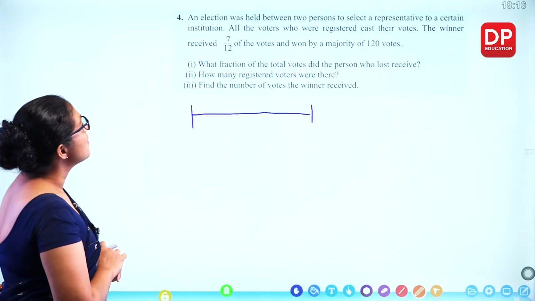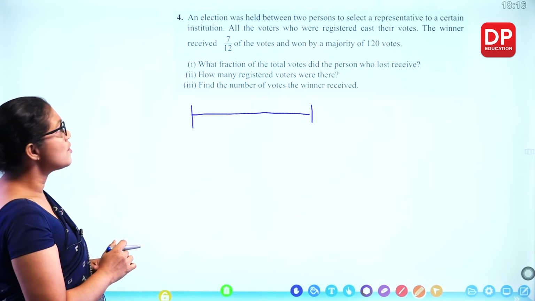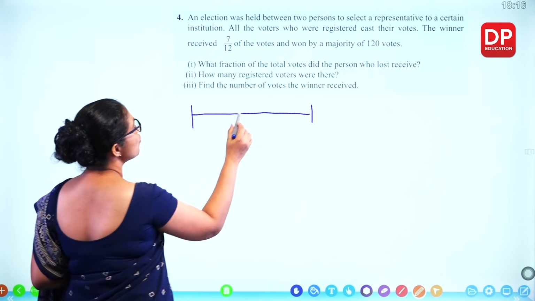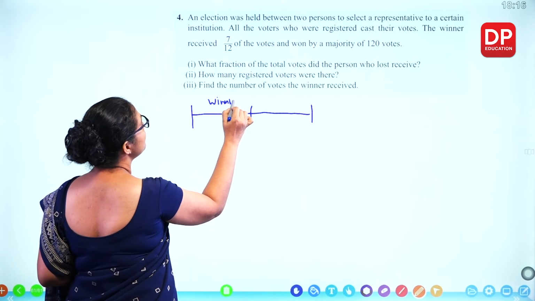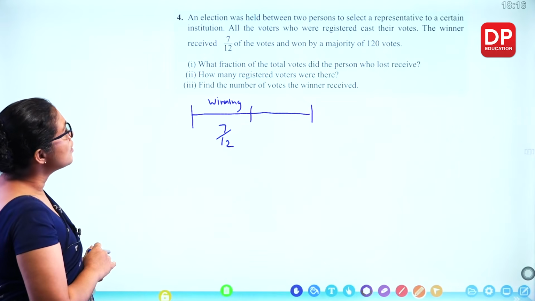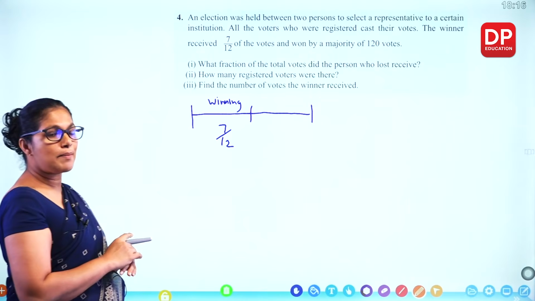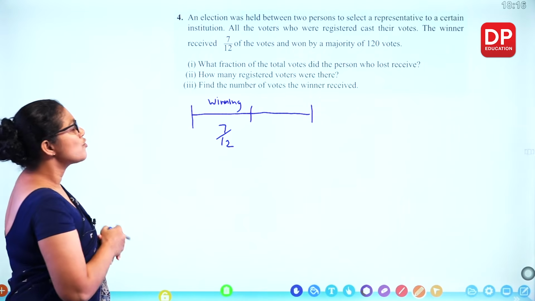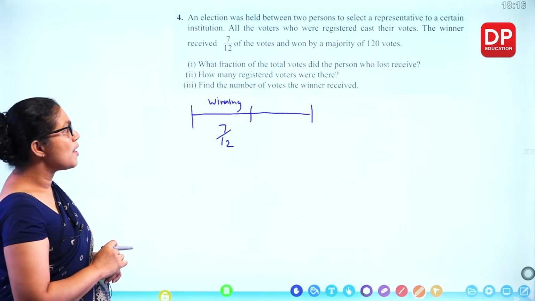An election was held between two persons. So this is the full thing and it says all voters who were registered cast their votes. The winner received 7 out of 12. So the winning part is 7 out of 12. He won by a majority of 120 votes, so that means the difference. If you are winning, you need 7 over 12 parts.